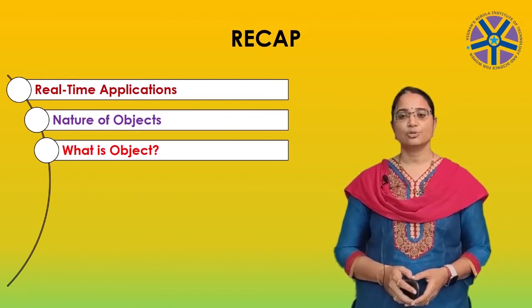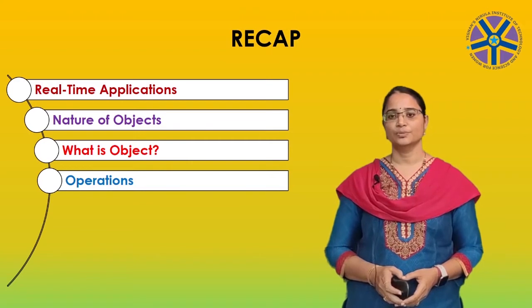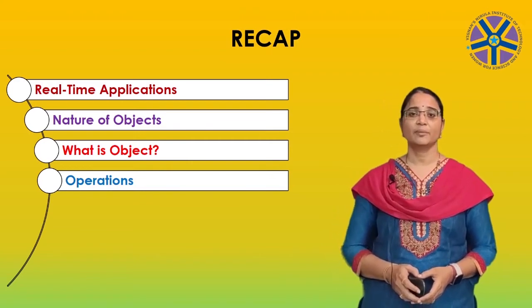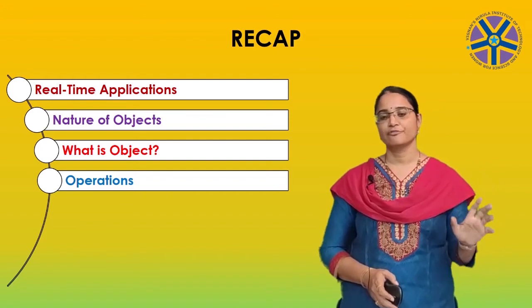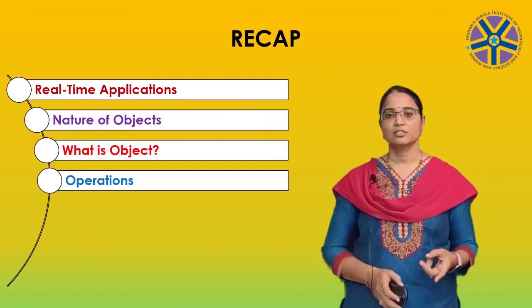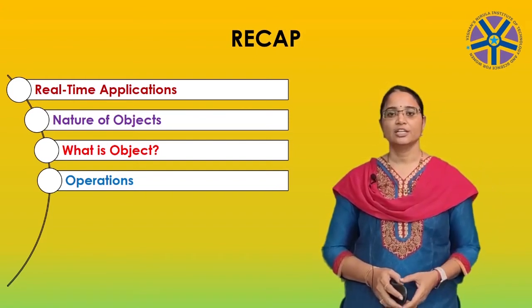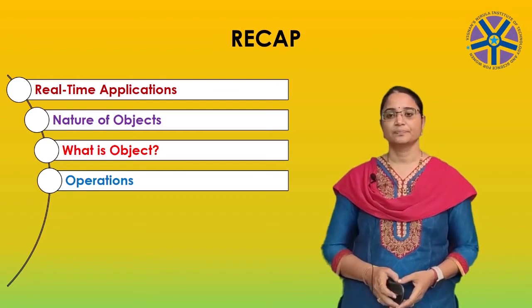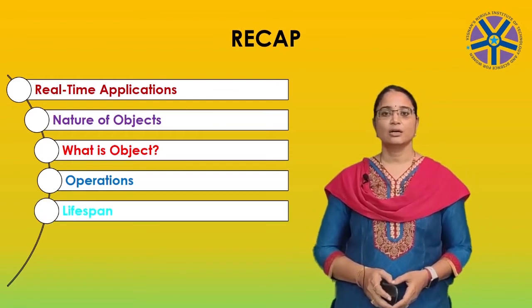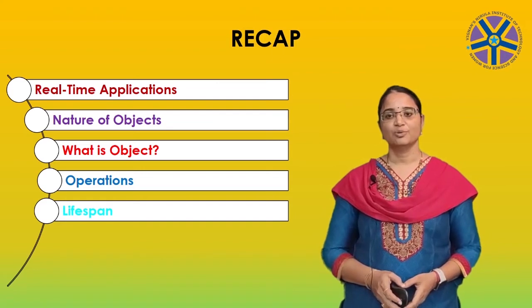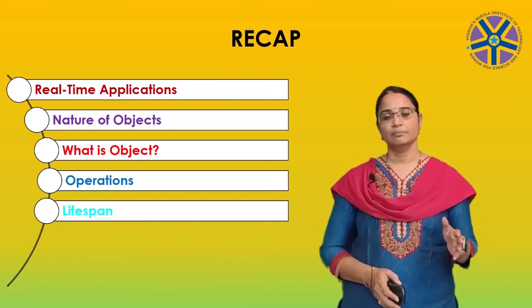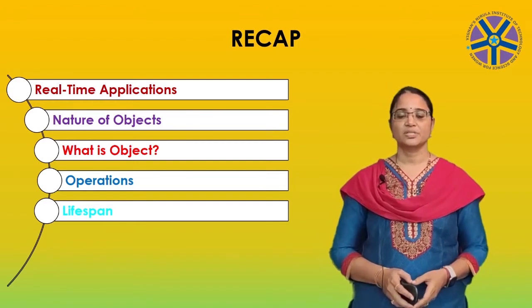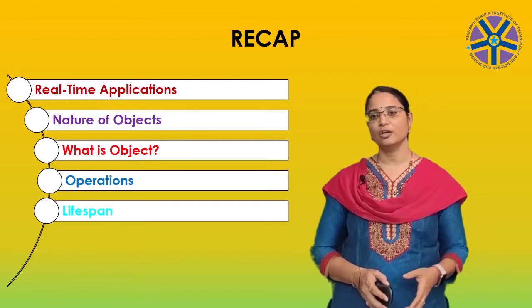Here we have seen also the operations of an object. And coming to the operations, we have seen 5 types of operations. First one is modifier, selector, iterator, constructor and destructor. Next, we have seen the object lifespan. In that we have seen an image of a person from birth to death to represent the lifespan of an object.